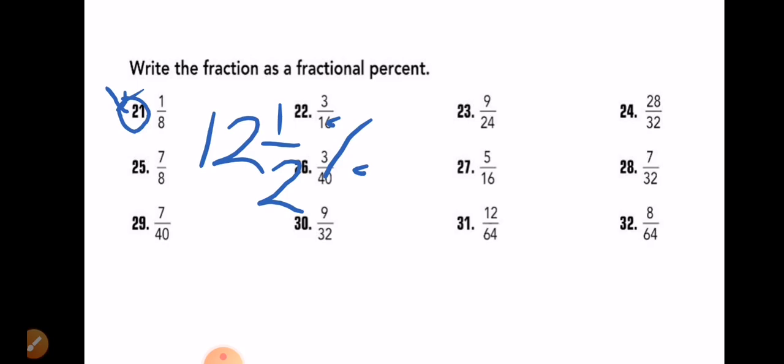If I said as a percent only, multiply by 100, then if you have any division you can make it with a decimal or put it as a remainder, it's up to you. But if I told you as a fractional percent, it's obligatory for you to keep the fraction as it is, not to put a decimal and complete your division. I will repeat the same steps in another question.